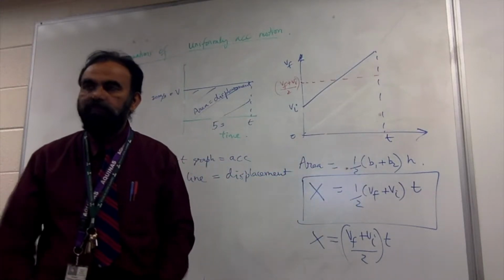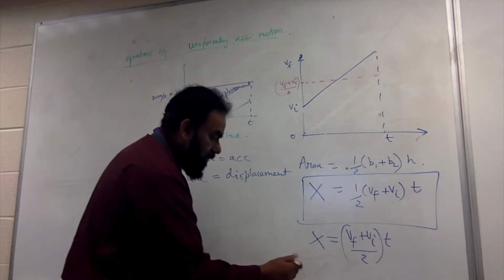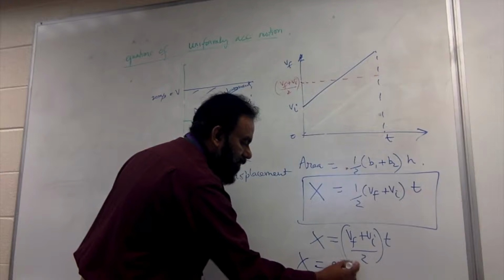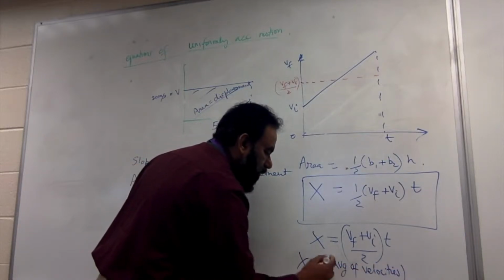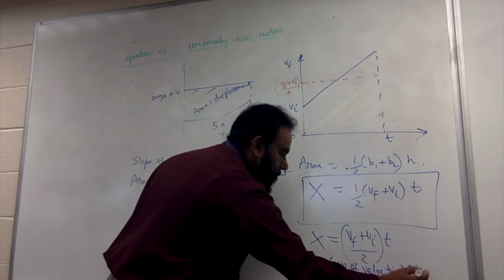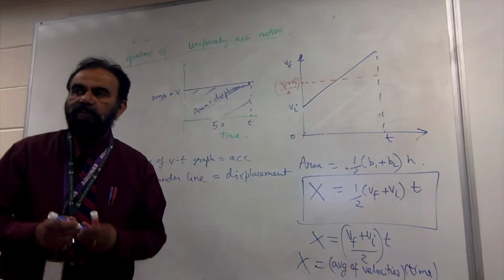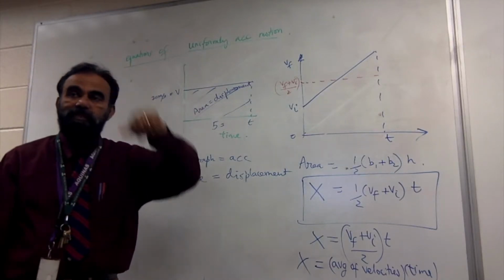Good? So we can also write this as x is equal to the average of velocities times time. Average of velocities times time. And this applies only to uniformly accelerated motion. Keep that in mind.